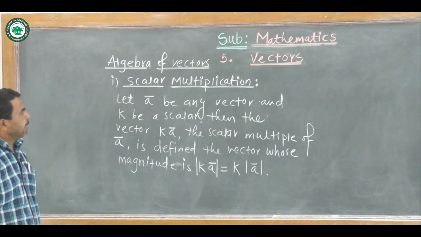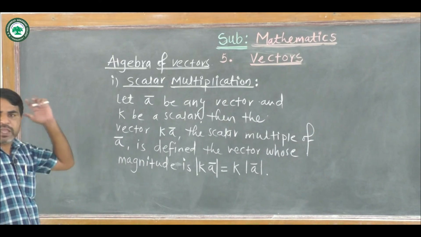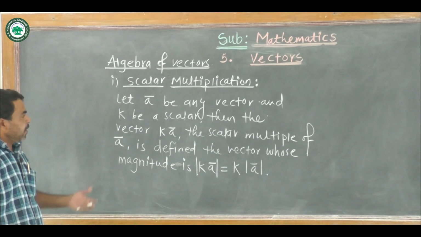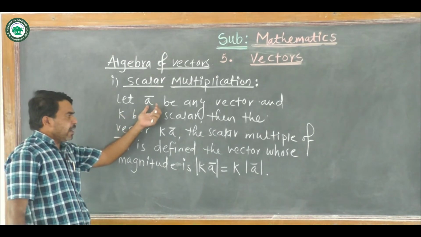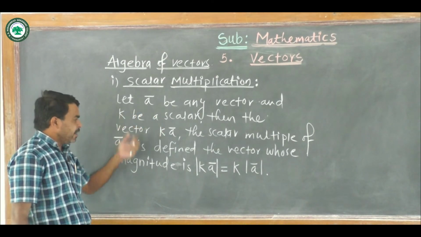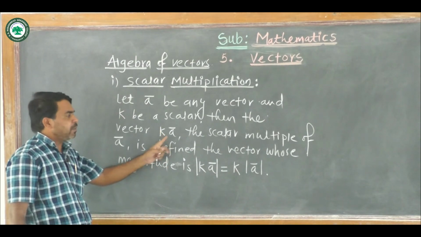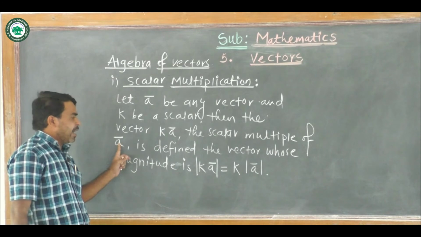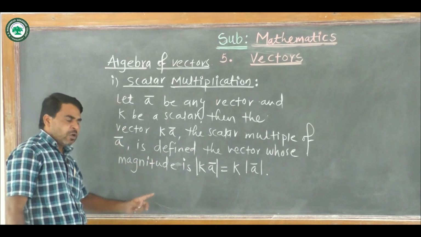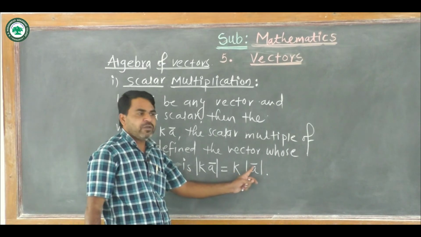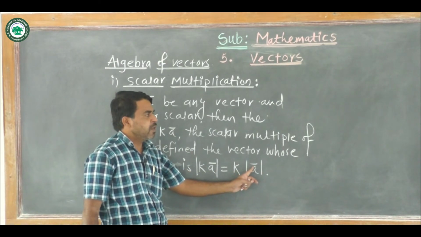See, scalar multiplication of any vector. We have given a vector a and a scalar k, then the vector k into a bar is the scalar multiple of vector a bar and is defined as the vector whose magnitude is k into magnitude of vector a.